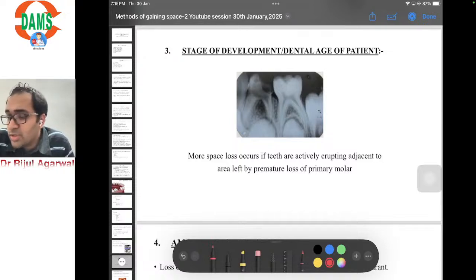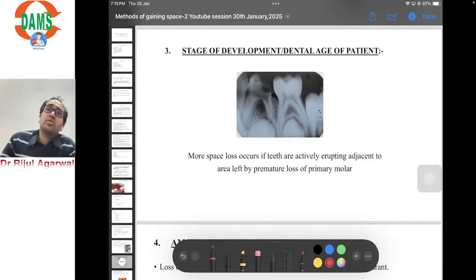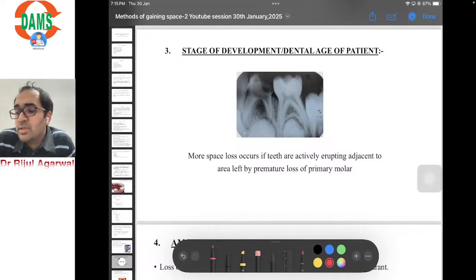What it means to say is that if the teeth anterior to this are developing or are in the stage of erupting, it will lead to more active space loss. Why? Because already at the time of eruption or exchange of teeth, there is a certain tendency of crowding, and where the least resistant path is found, the teeth will try to erupt from that space.